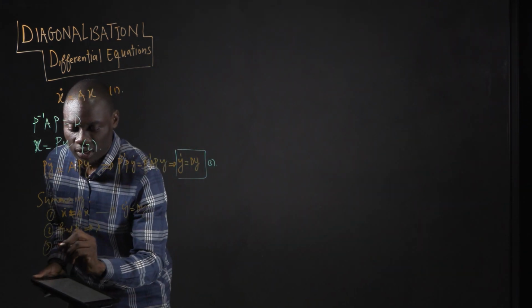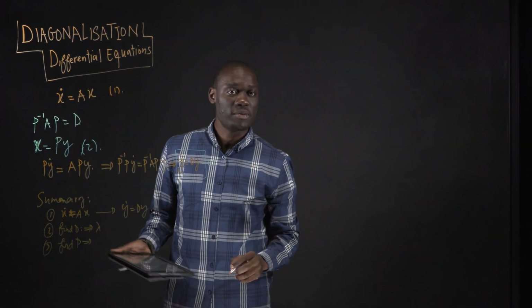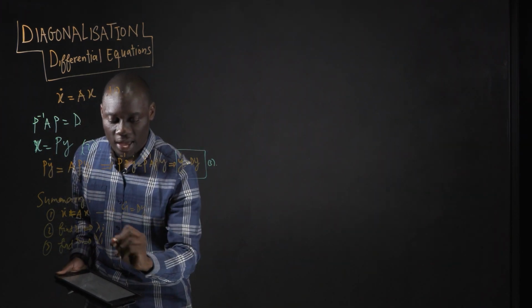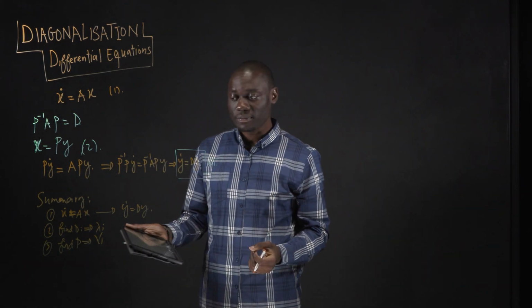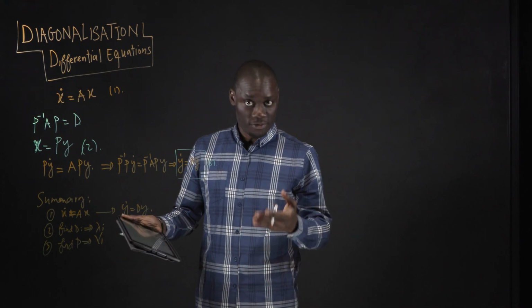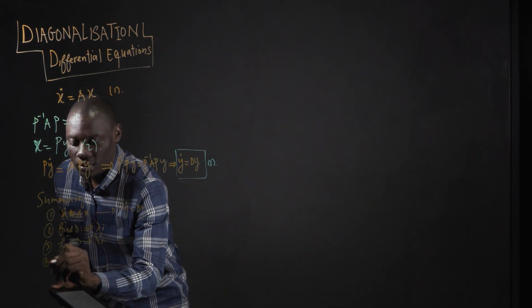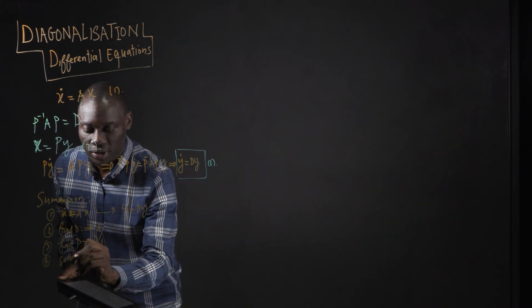And then third, you find the P matrix, which is to find the eigenvectors of A corresponding to the eigenvalues of A. And then fourth, once you have that, you can now directly solve equation 3.